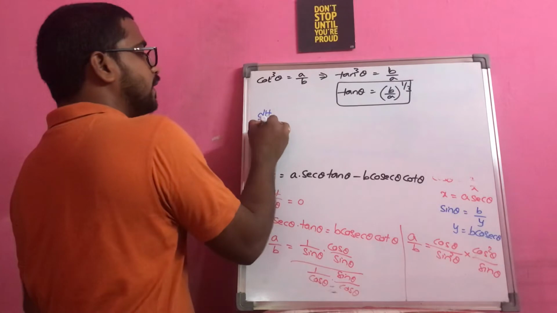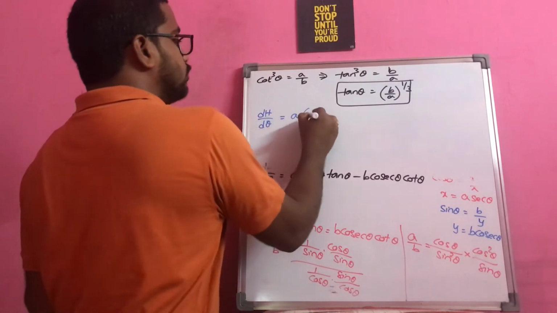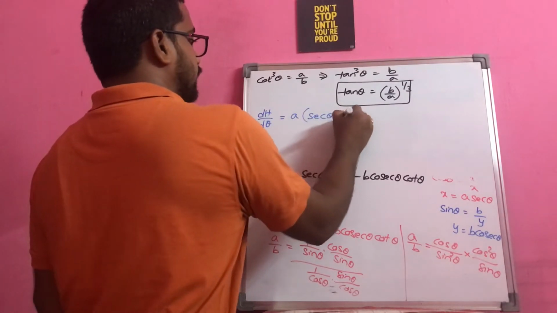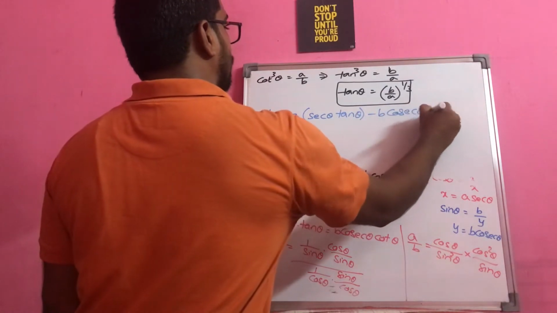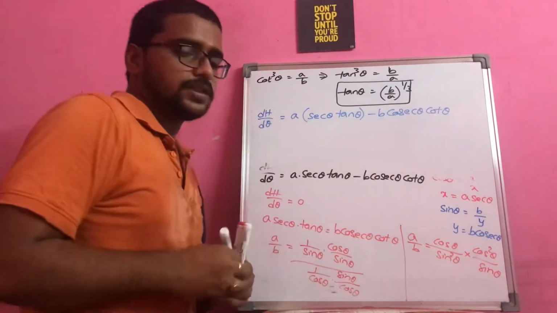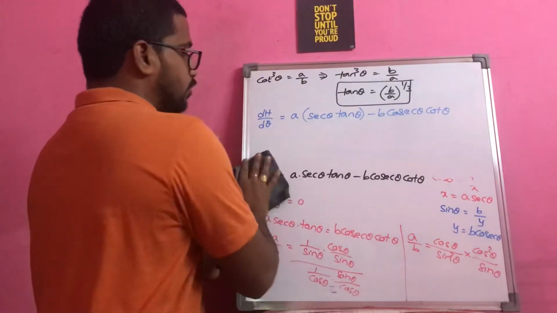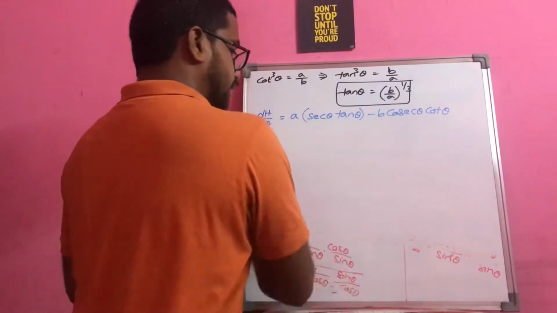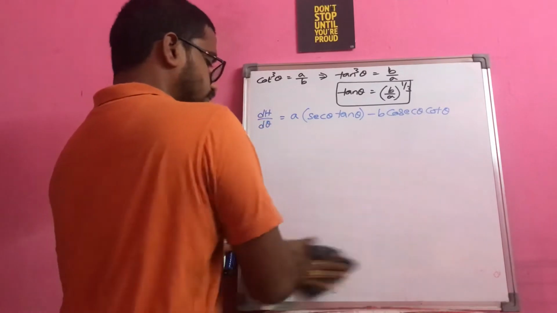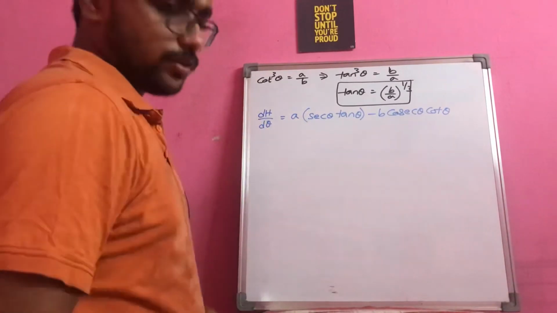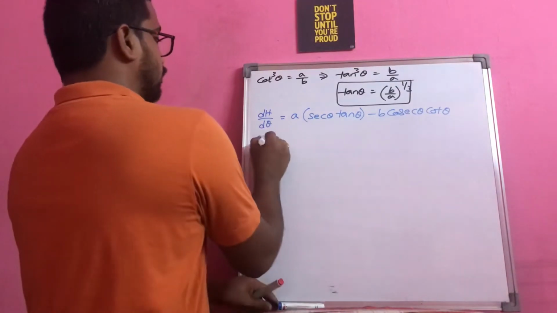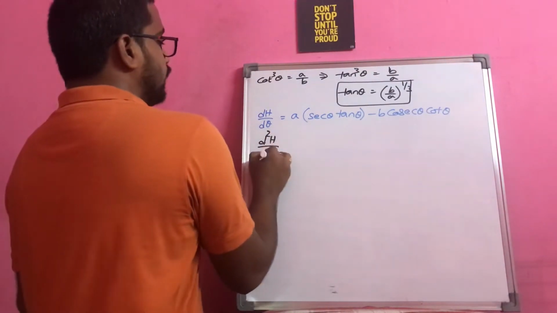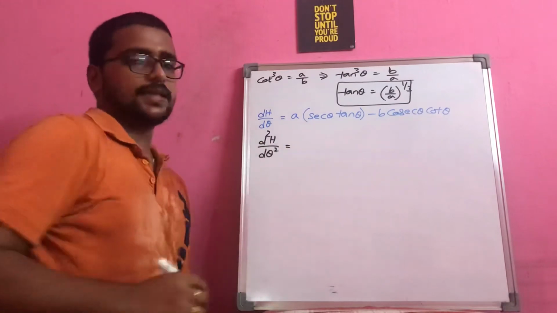dh by d theta is equal to a into secant theta tan theta minus b into cosecant theta cot theta. This is the function for us. Let us apply differentiation one more time with respect to theta, d square h by d theta square.